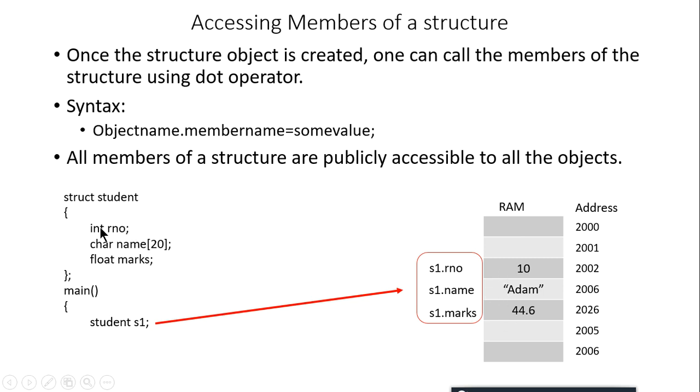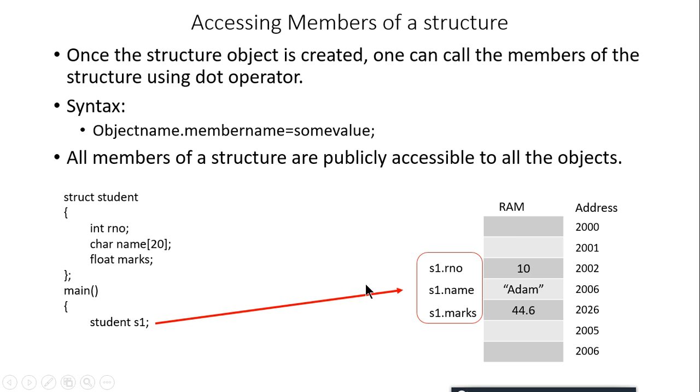Since roll number is an integer, 4 bytes will be used by it. So 2002 to 2006 belongs to roll number. Then character name is a string of 20 characters. So 2006 to 2026 will be allotted to name, and marks, being a float, takes 4 bytes of memory. So 2026 to 2030 will be used by the marks.